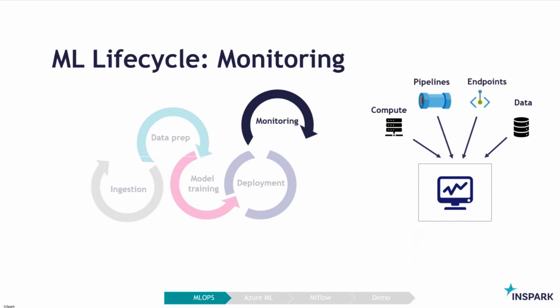So finally, monitoring is key to managing any software platform. For machine learning, this means monitoring your pipelines, monitoring endpoints and compute resources, but also your data sets. We've already talked about pipelines a bit. You can have pipelines for transforming your data, for training a model, but you can also have pipelines for consuming your model. Sometimes these fail, and you need to know why.